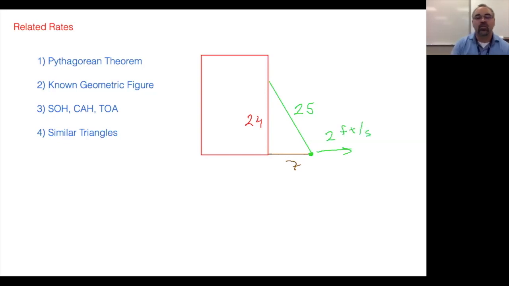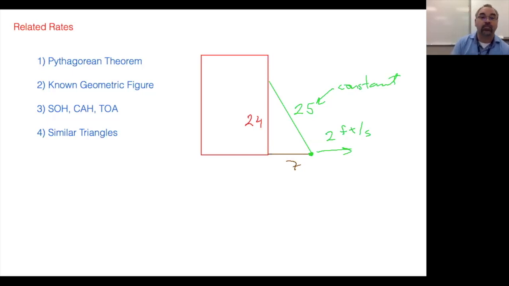Okay, and so we set up our relationship between the rates of change of the sides of the triangle. The good news is in this case, let's say the 25 is constant, not changing. But the 7 and the 24 are.